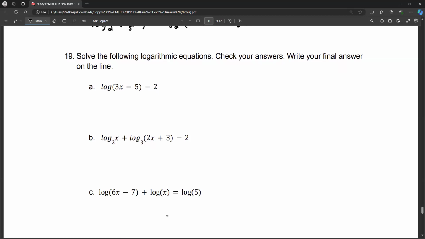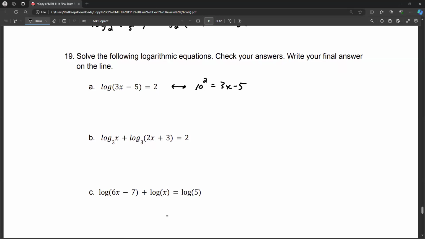And so if this is true, this logarithmic form implies an exponential form. So I'd probably convert this to exponential form first, right? And that means that since 10 is my base, it will be raised to 2, and this will be equal to 3x minus 5.